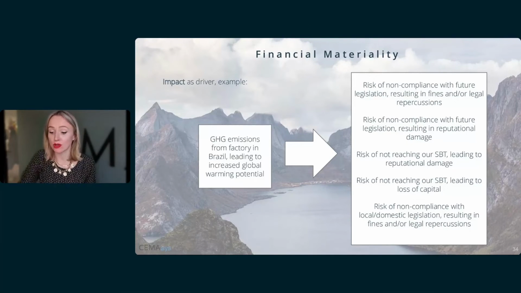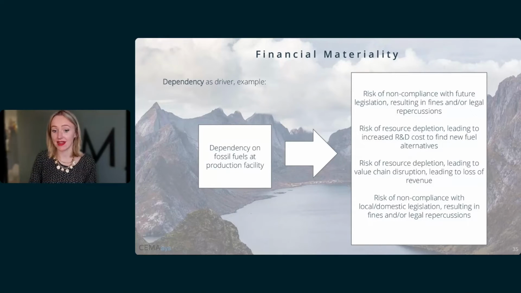But then we can also look at a similar one, but here we have a dependency as a driver, because we know that because you use fossil fuels in this factory, you're probably dependent on that fossil fuel to actually keep on running. And then we can see that you can have some risks and opportunities connected to that.